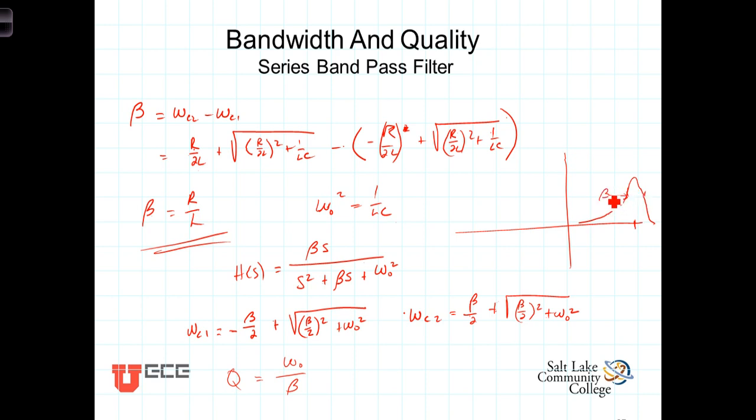So the quality of the circuit is equal to the ratio of its center frequency divided by the bandwidth. It gives something of a feel for how quickly the filter falls off, or how narrow its bandwidth is relative to its center frequency.